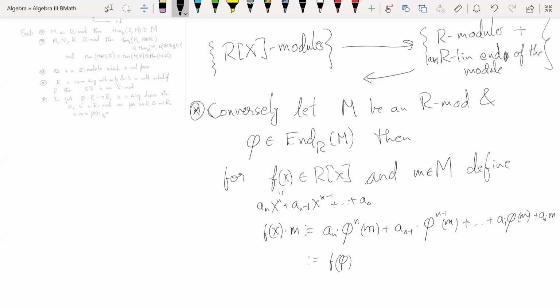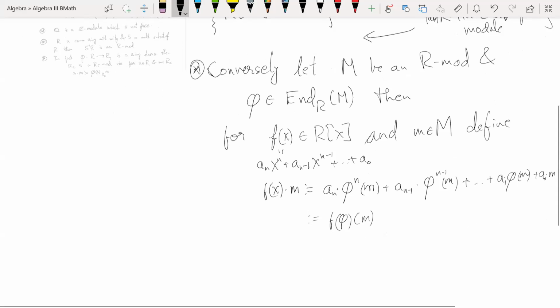That is another way of thinking about it. So f(phi) is an element of End_R(M), and you can evaluate it at m. That is what it is. Does that make sense? Is this clear? What is the definition of f(x) dot m?